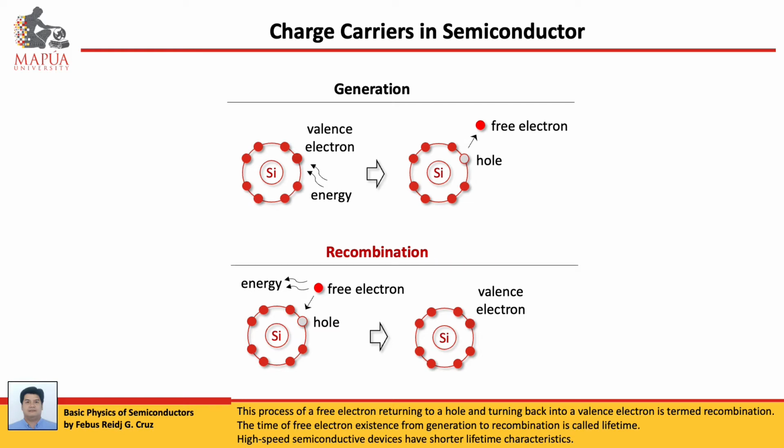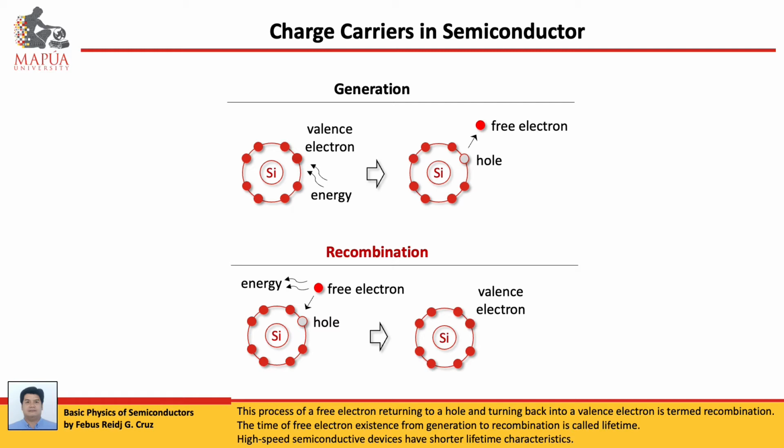This process of a free electron returning to a hole and turning back into a valence electron is termed recombination. The time of free electron existence from generation to recombination is called lifetime.